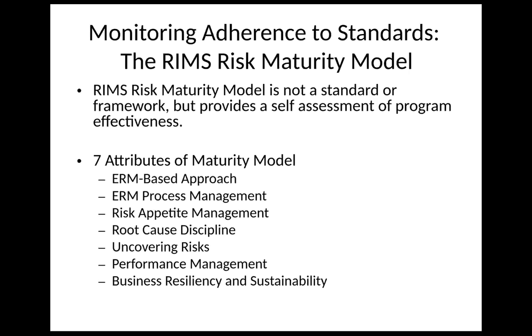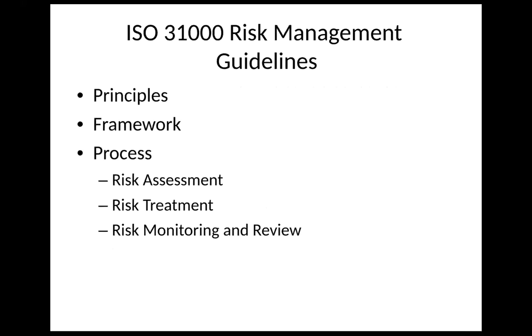For each of these, you can have a score showing you're in the beginning process, or it's a very robust process. You have documentation and systems in place to continue that aspect of your program. I'm not going to go into too much detail on the maturity model, but RIMS has certainly put it together, and it's been a way to monitor how your program is performing.